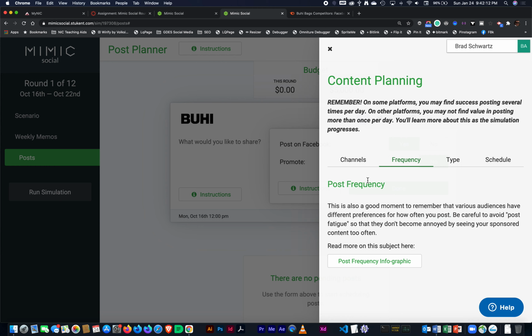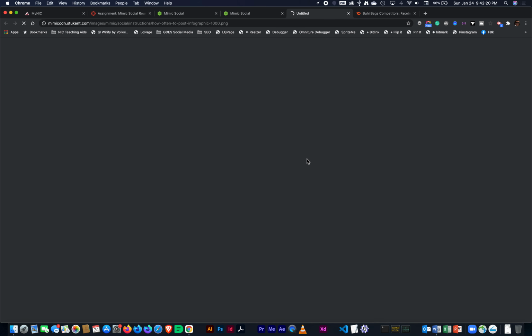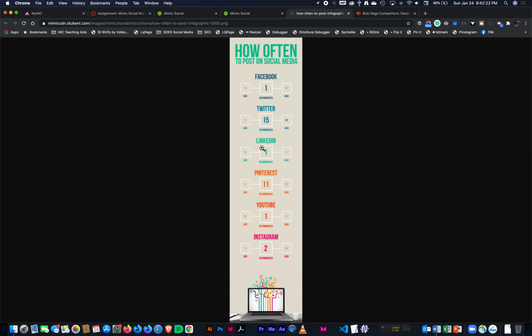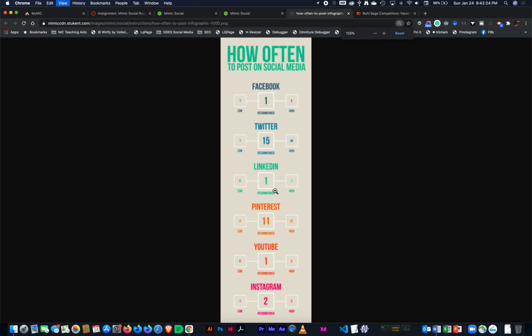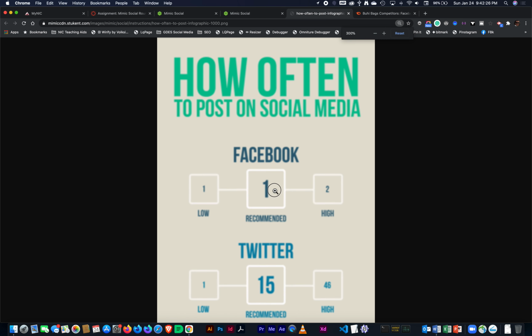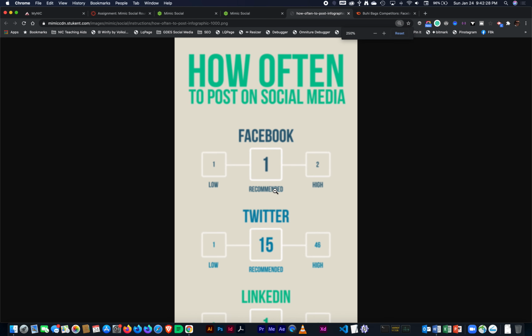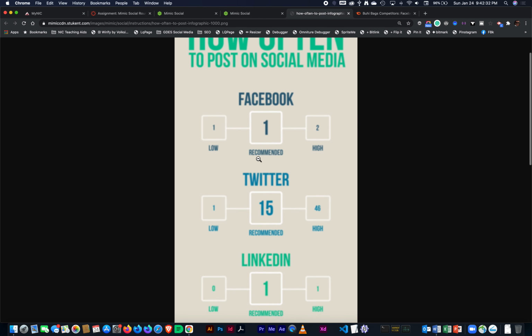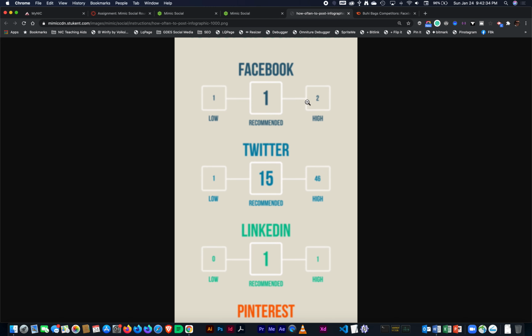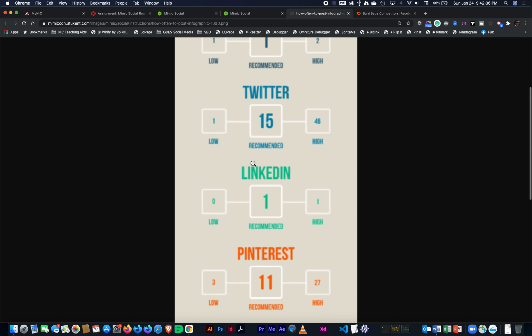Our frequency, again, too much is not necessarily good. You can take a look at this post frequency infographic here, which shows how often on what platforms is recommended. Posting on social media is usually 1 or 2 times a day on Facebook.